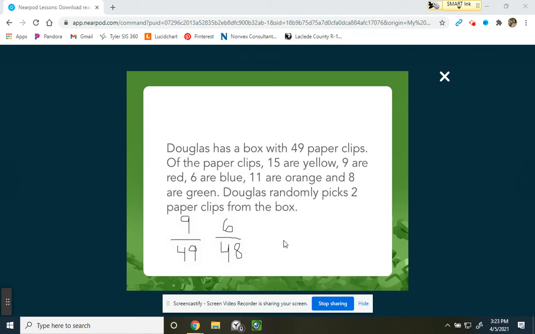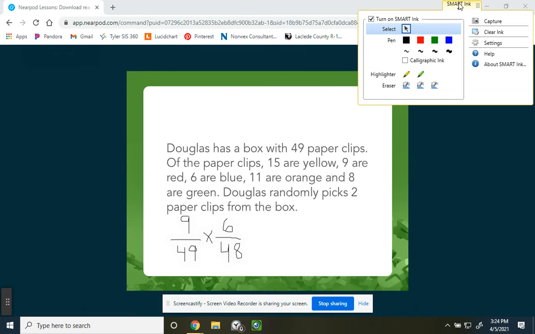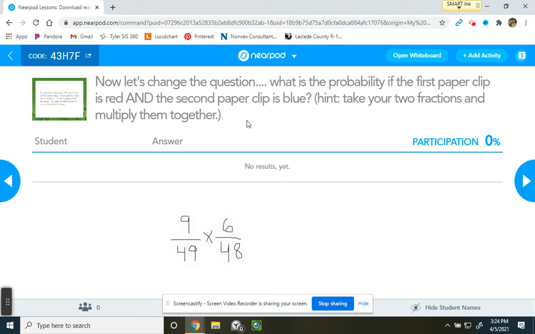Okay, now it's not asking me for 2 separate probabilities. It's just saying, what would my probability be for 1? So you have to take these 2 fractions and you have to multiply them. So, back out of here. Probability of red, and then the second one is blue. This is my red probability. This is my blue probability.